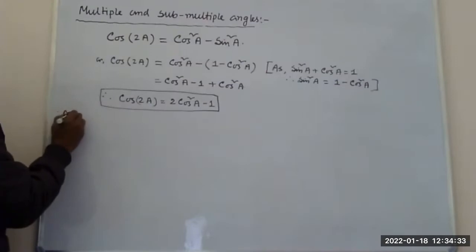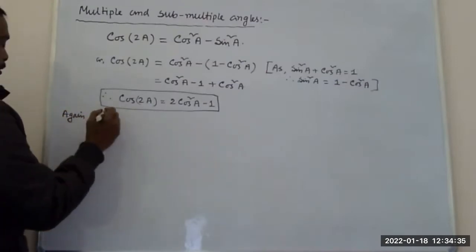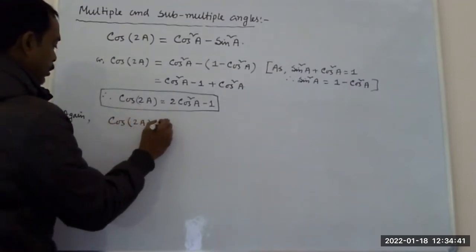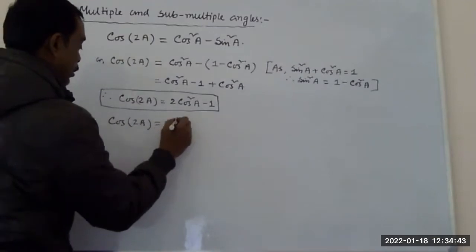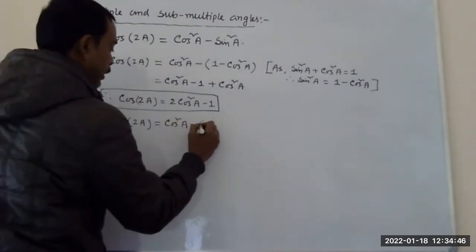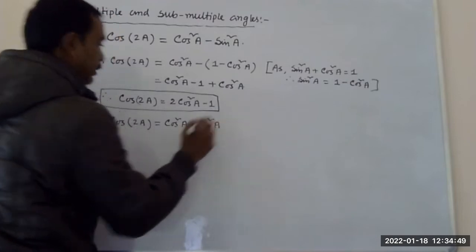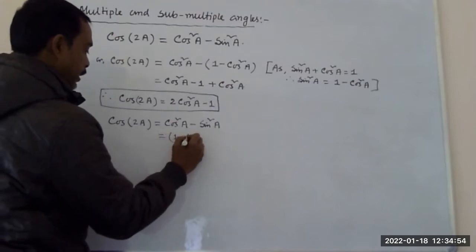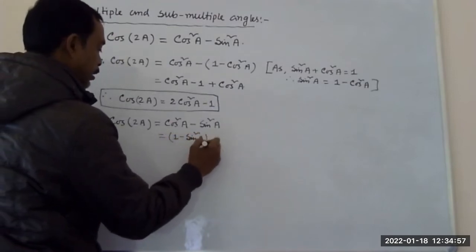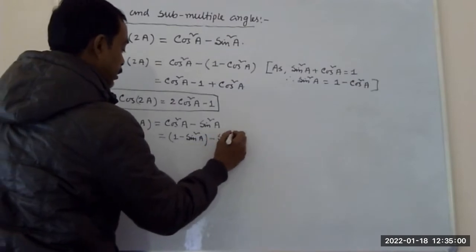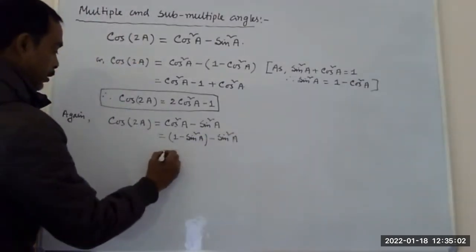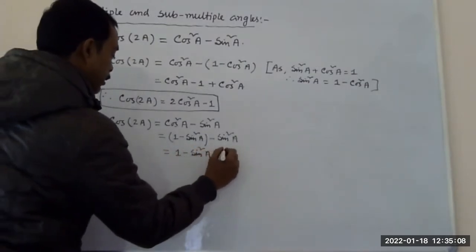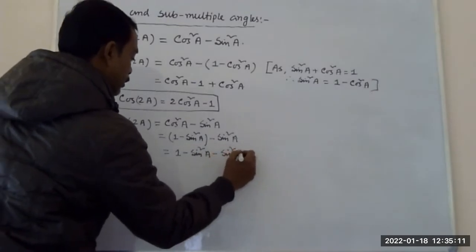Again, the formula of cos 2a is equal to cos square a minus sin square a. Now, if we change this cos square a as 1 minus sin square a, then it is 1 minus sin square a minus sin square a.